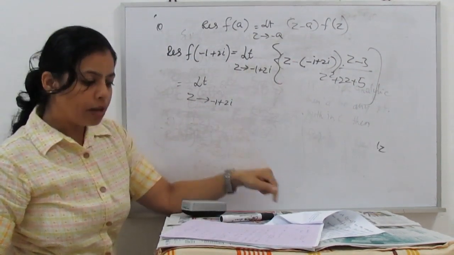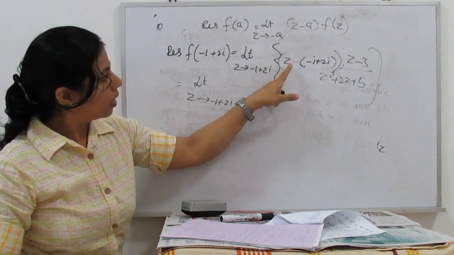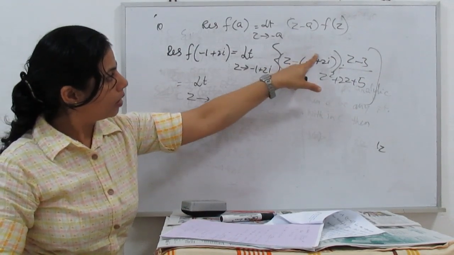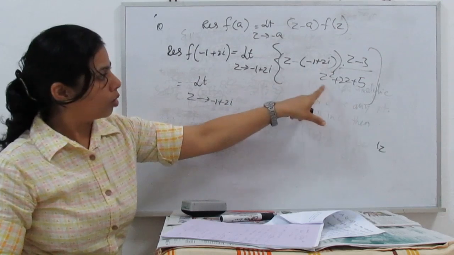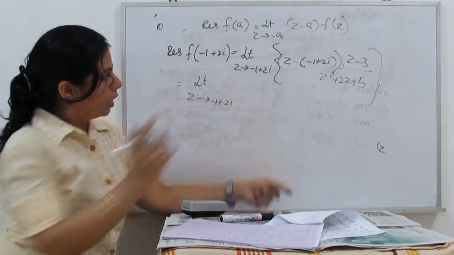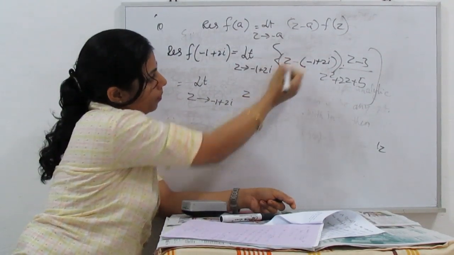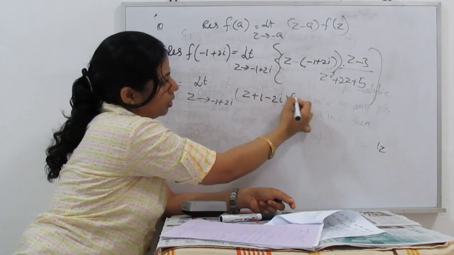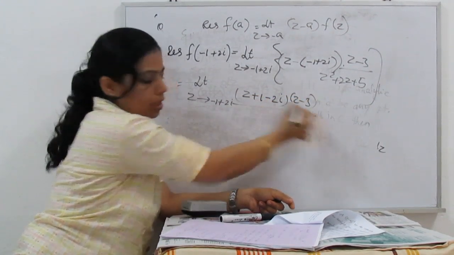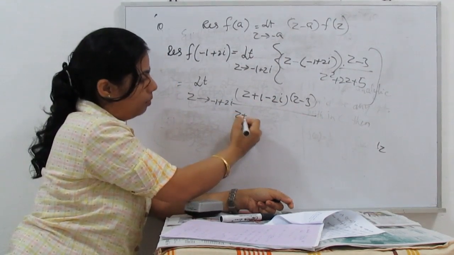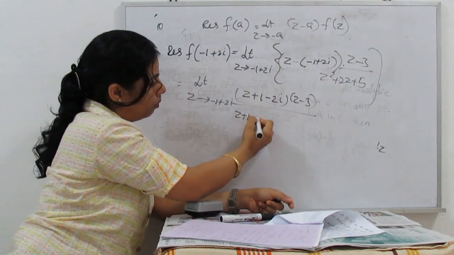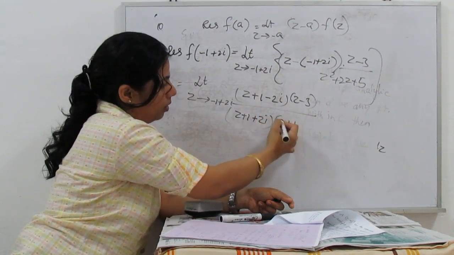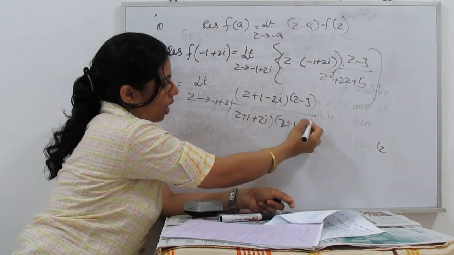Next, simplify it. This becomes z plus 1 minus 2i. When we break it, the numerator is (z plus 1 minus 2i)(z minus 3), and the denominator becomes (z plus 1 plus 2i)(z plus 1 minus 2i).